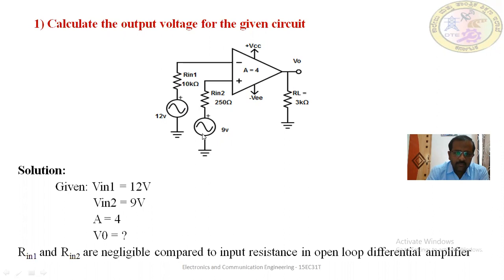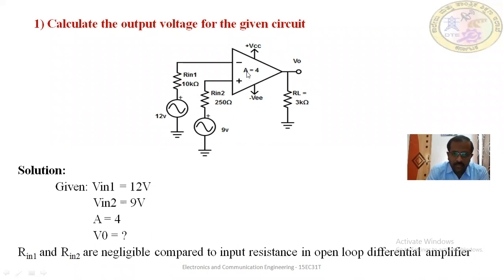The other input is 9 volts, connected to the non-inverting terminal, so Vin2 = 9 volts.